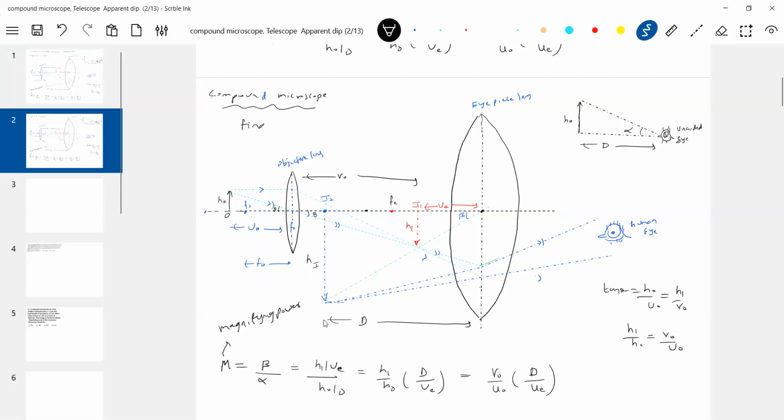The final image I2 is formed at 25 centimeter from the eye. And then the magnifying power will become M25. That M25 is what we have to derive an expression for.